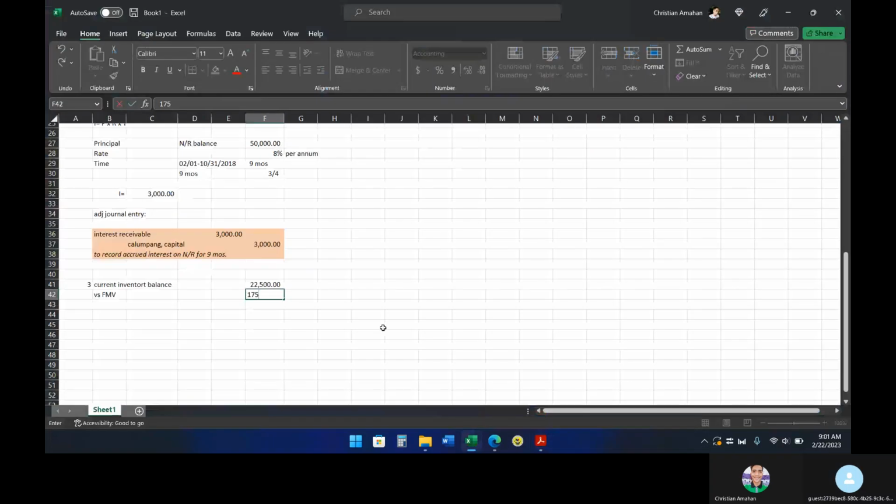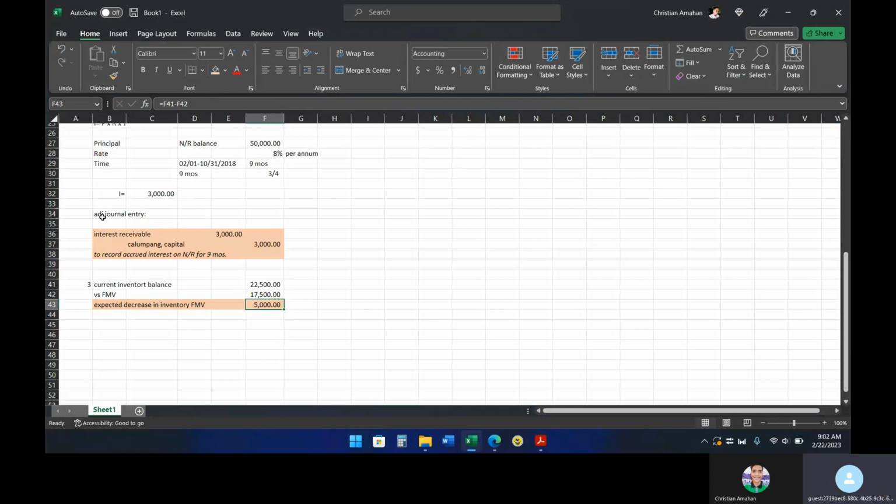So the expected decrease in inventory fair market value is 5,000 pesos. So we decrease the inventory balance by 5,000 pesos. Inventory is an asset account. By our rules, if we need to decrease an asset, we record it as a credit.